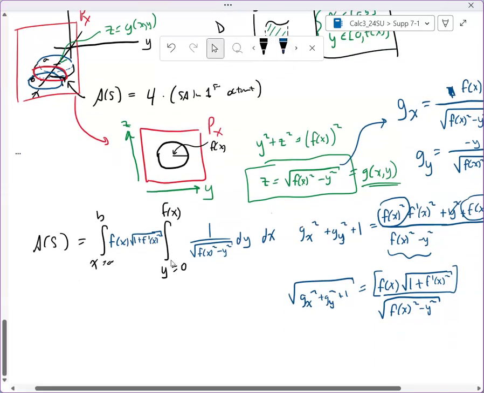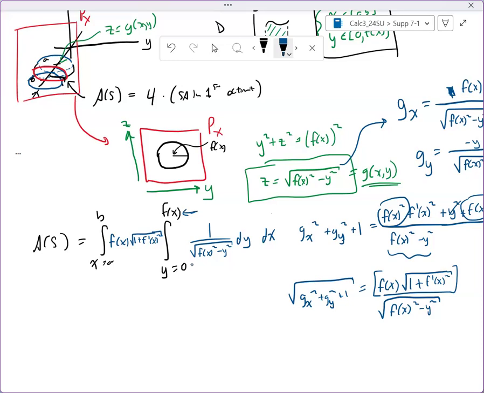Now this might look like a terrible integral to do for the y, but it's actually not that bad. Keep in mind that integrating dy, x is held constant. So this f of x squared is just some number, and the f of x at the upper bound here is also just some number.